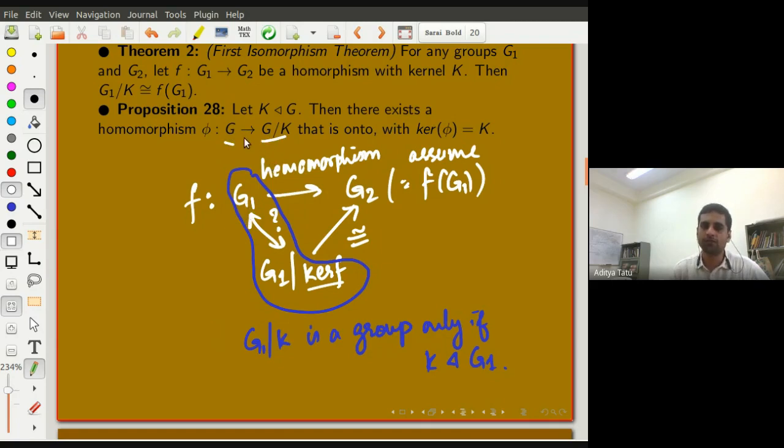Moreover, the homomorphism is an onto homomorphism, because, of course, given two groups, the trivial homomorphism always exists. So in that sense, this is a non-trivial homomorphism. It can be shown that this homomorphism is onto the quotient group, and the kernel of this homomorphism is your normal subgroup.